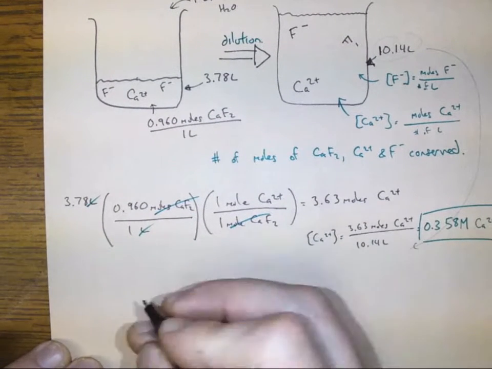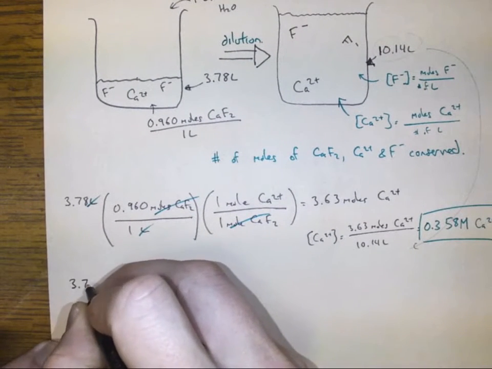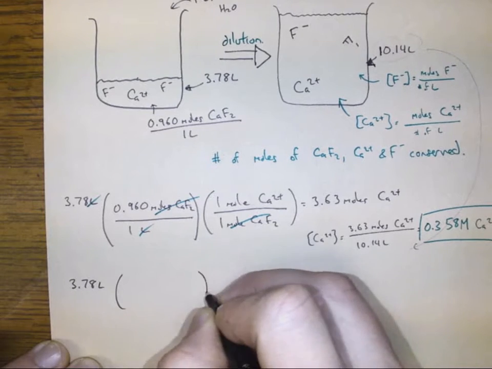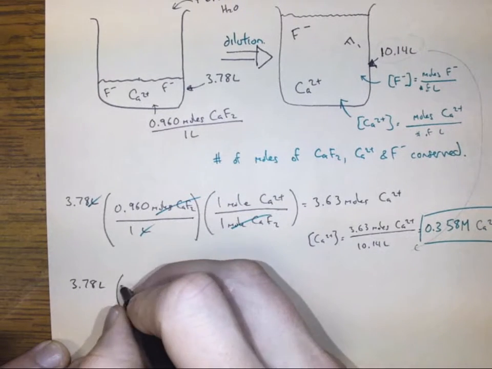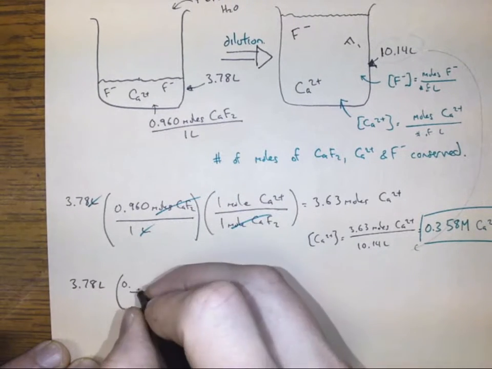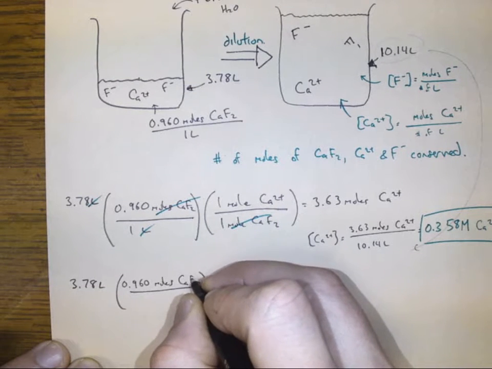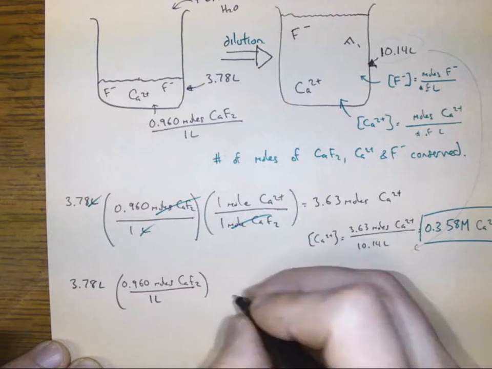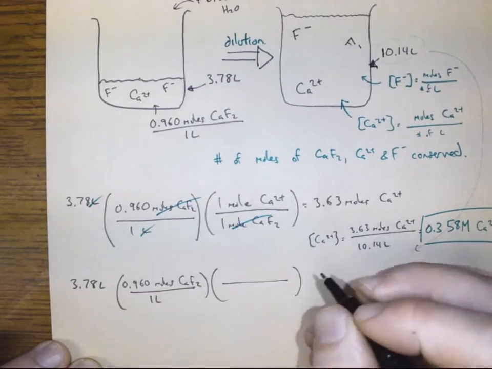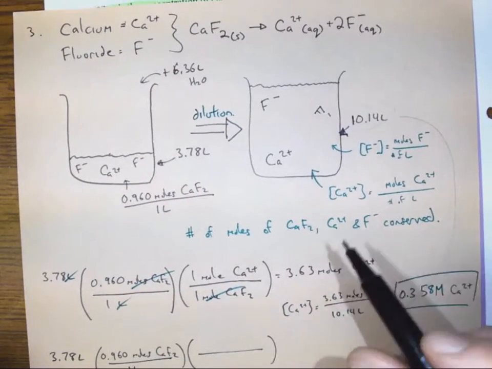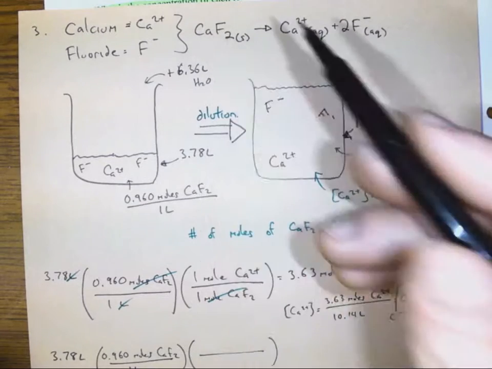It's going to be a similar process. We've already mapped out what needs to be done. We started with 3.78 liters. Then we have 0.96, so it's still the same thing, really. Moles CaF2 over a liter. Now the difference is it's a ratio of 2 fluorides for every 1 mole of calcium fluoride.